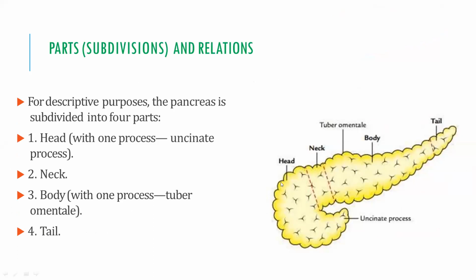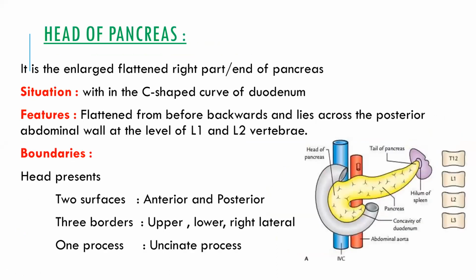Within the head, we are going to observe the uncinate process, and within the body, the tuber omentale. We'll see what exactly these are. So these are the subdivisions of the pancreas, and one by one we'll see them.